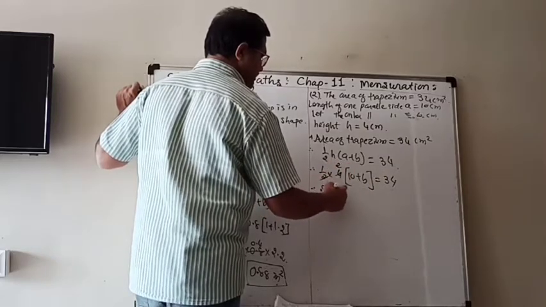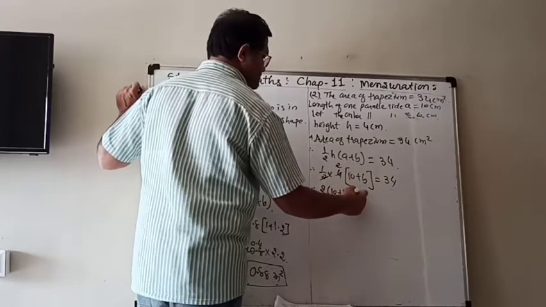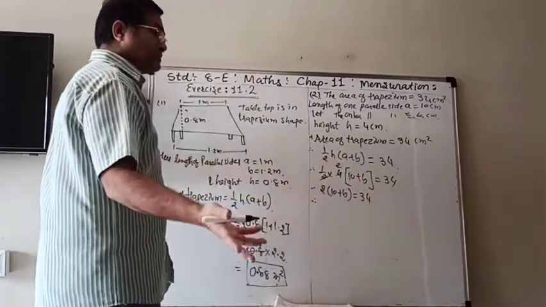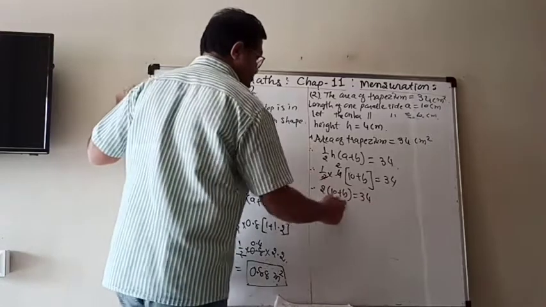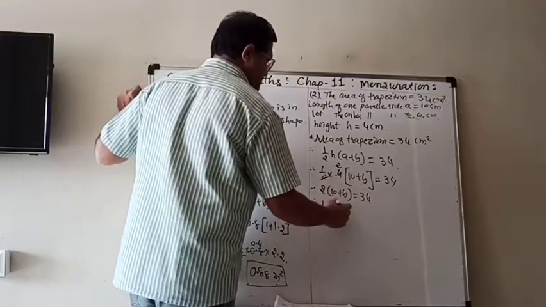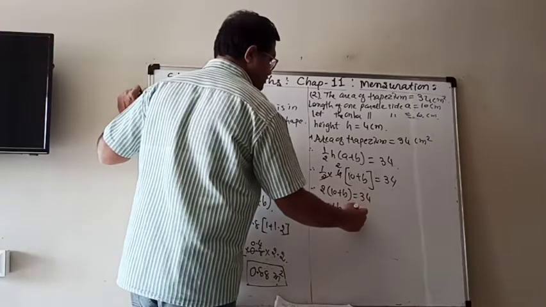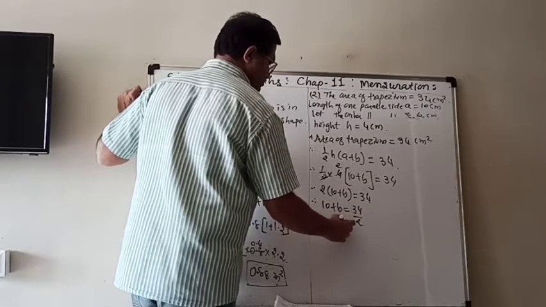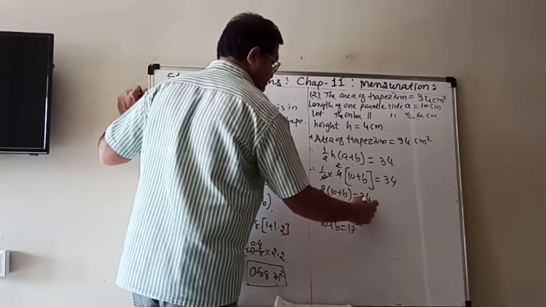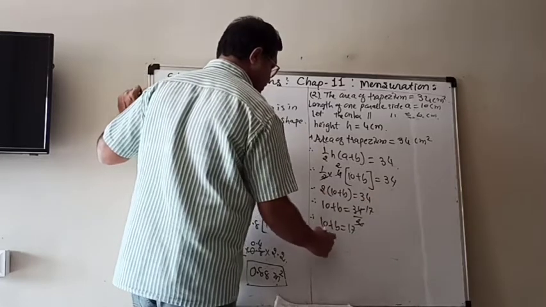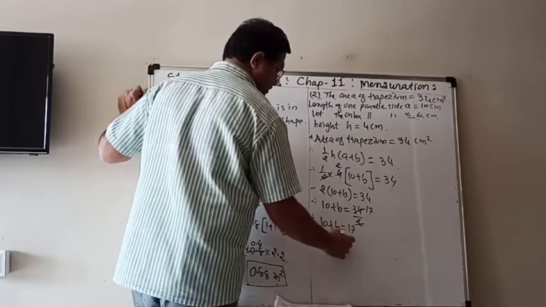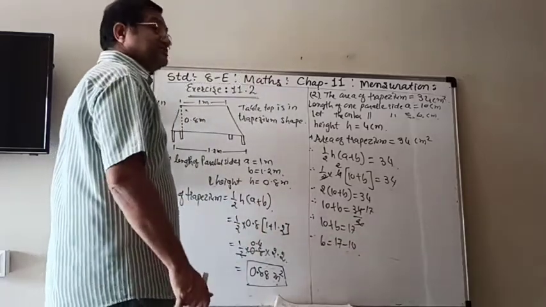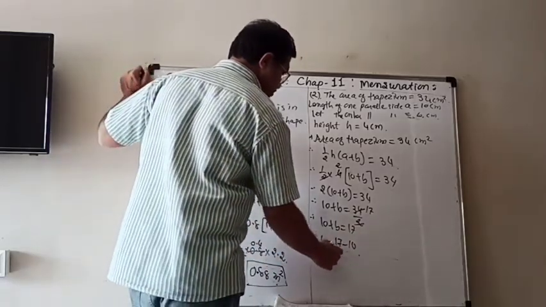So 2 into bracket 10 plus b is 34. Now you know simple equations. First the 2 will go to the other side. So 10 plus b is equal to 34 upon 2. So 10 plus b is equal to 17. So b is equal to 17 minus 10, which is 7. So b is equal to 7.